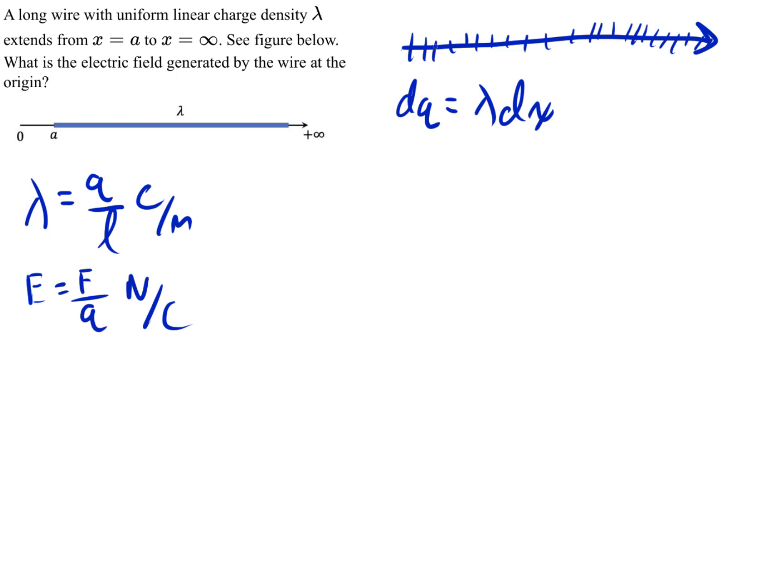So we're dividing this line up into infinitely many small pieces, and thus the charge of each one of those small pieces is equal to the charge density times the position of each one of those infinitely small ones. It's simply manipulating this equation by saying that the charge is equal to the total length times the charge density.